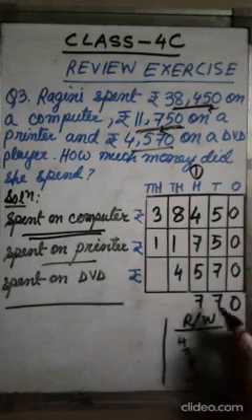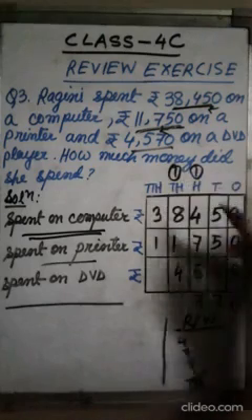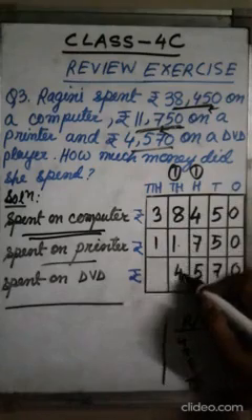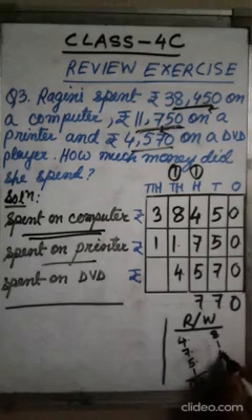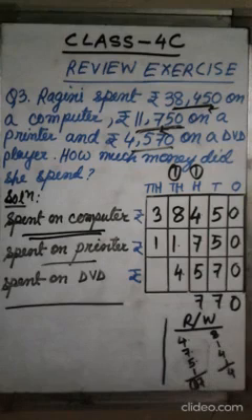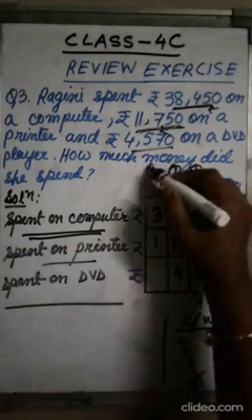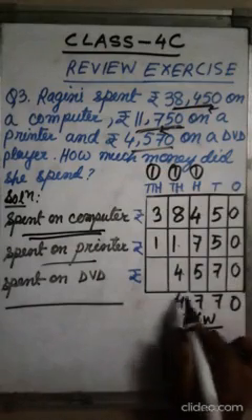So 7, and 1 will be carried forward to thousands place. 8 plus 1 plus 4 plus 1, it is 14. 1 will be carried forward to 10,000s place, and 4 I have to write here.